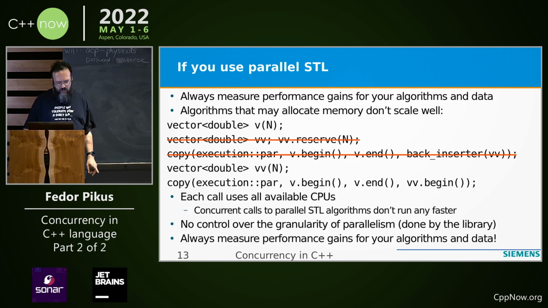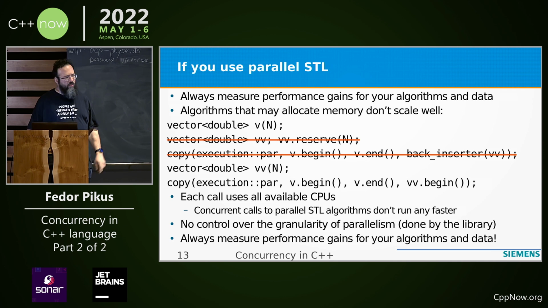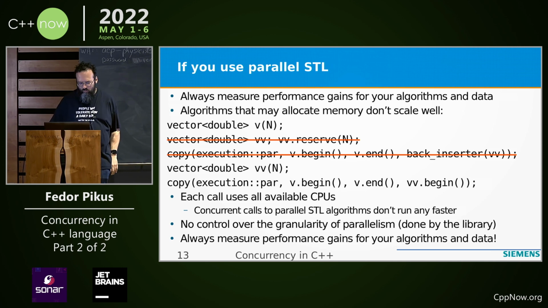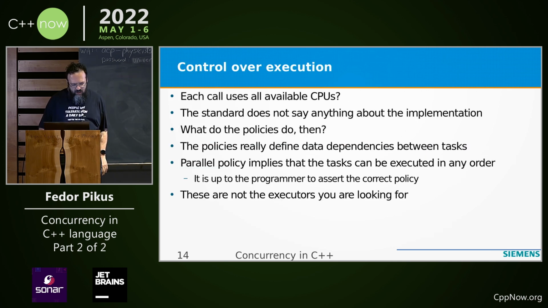No. If you have a pre-allocated vector and you give it a regular random access iterator masquerading as an output iterator, then it scales. So Fedor, what you're saying is that the copy looks into the category of the last. The actual implementation, yes, it does. Correct. Yes.